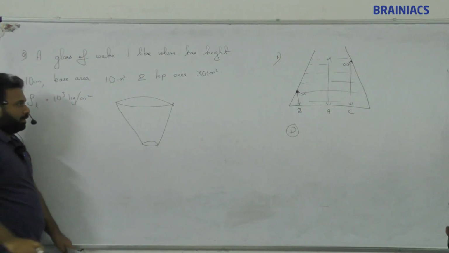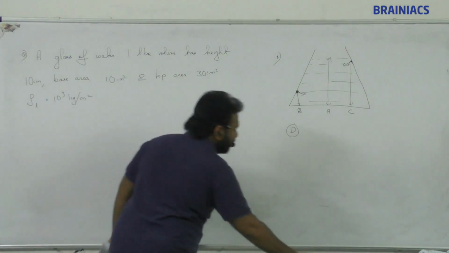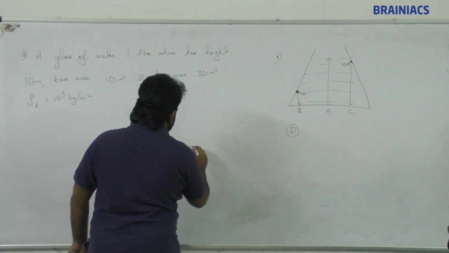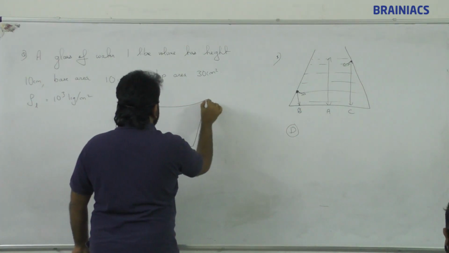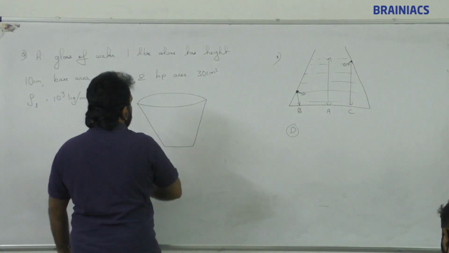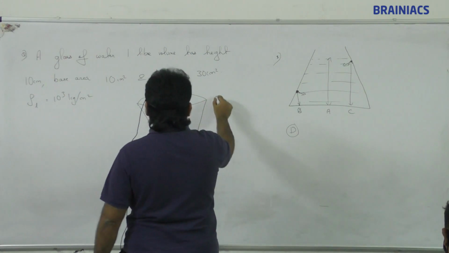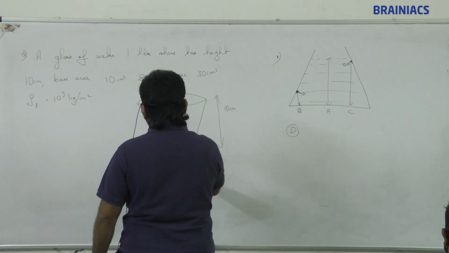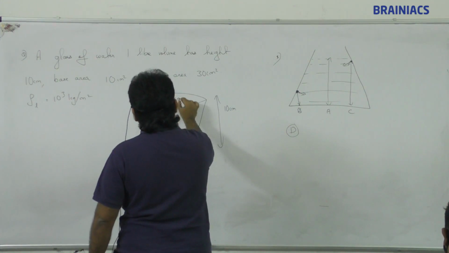Okay, so this figure is also given. This is the shape of the figure. This is of height 10 centimeter. Base area is 10 centimeter square, top area is 30 centimeter square.